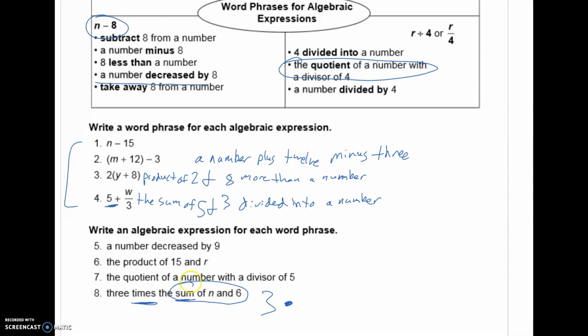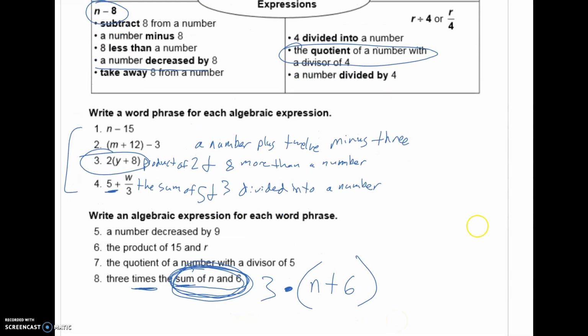The sum of n and 6, so n plus 6, but this means parentheses, the sum of n and 6. We worked on this type of problem up at number 3. I'm circling it here. So this should be in parentheses. This is 3 times whatever this sum is. Okay, cool.